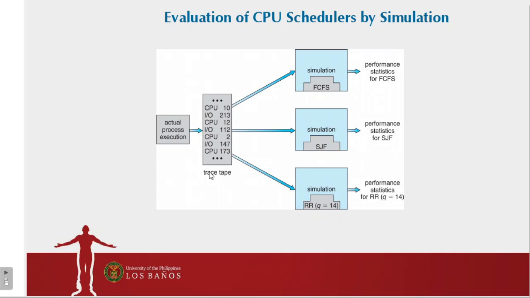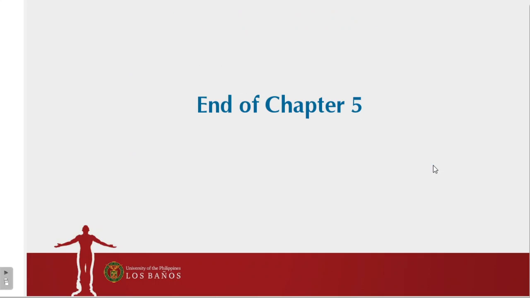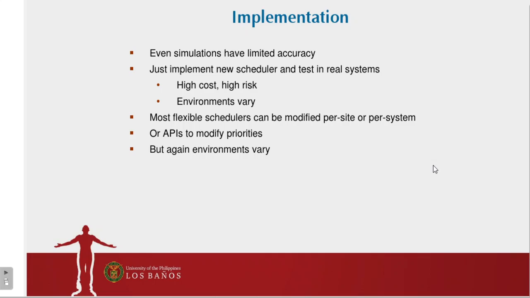For example here, you have different traces. CPU 10 burst times, I/O 213 burst times, and then you feed that to the simulation, and then you calculate some statistics. So that's one thing you can do. Or the last one is to implement it.